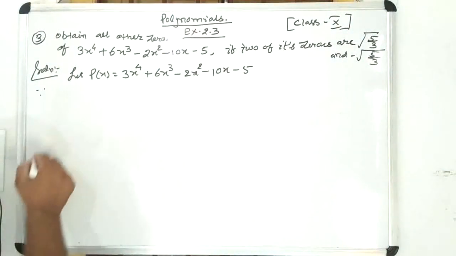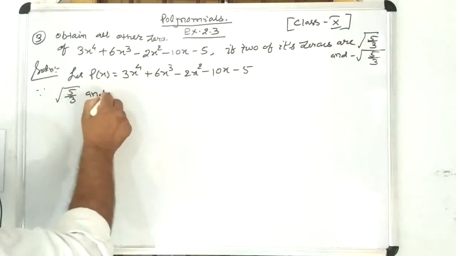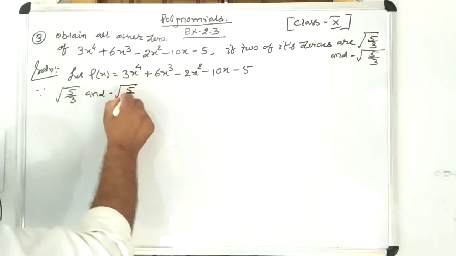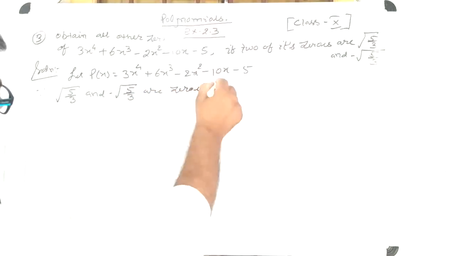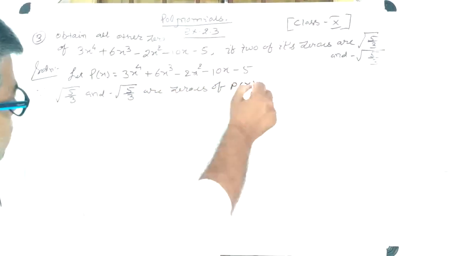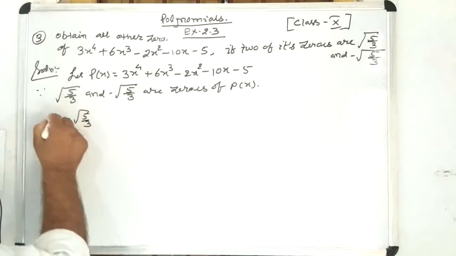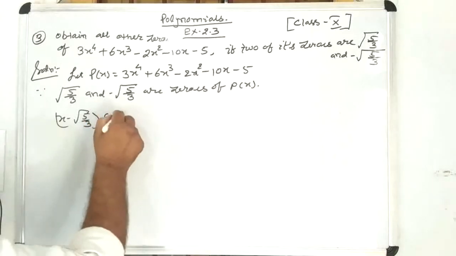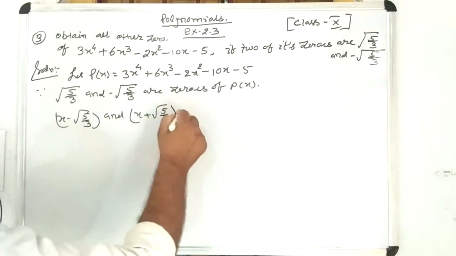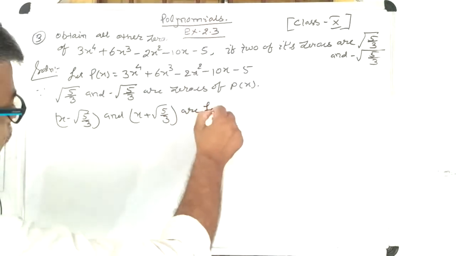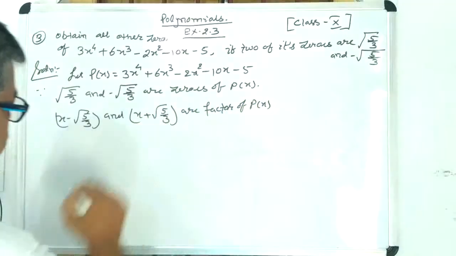And since it is given that under root 5 by 3 and minus under root 5 by 3 are zeros of polynomial p(x), so x minus under root 5 by 3 and x plus under root 5 by 3 are factors of polynomial p(x).